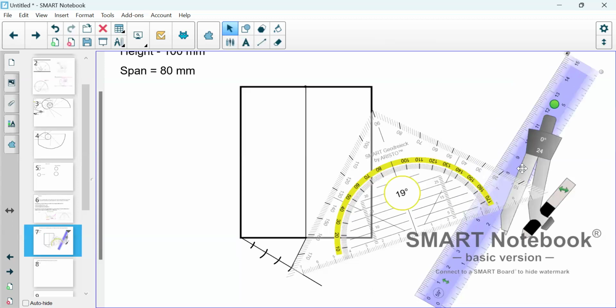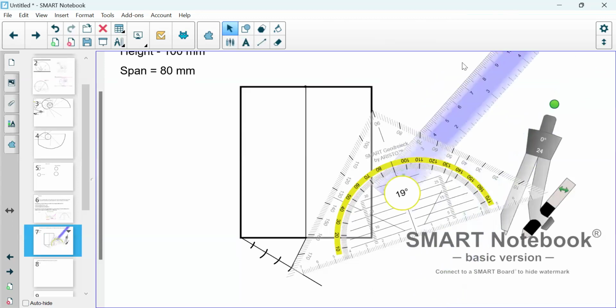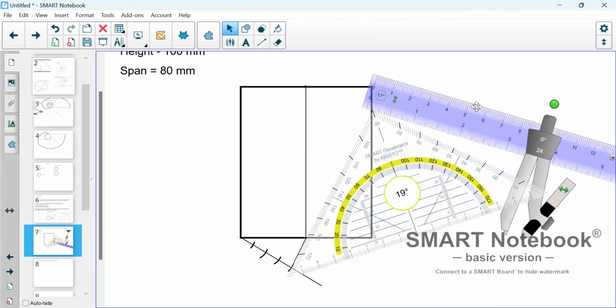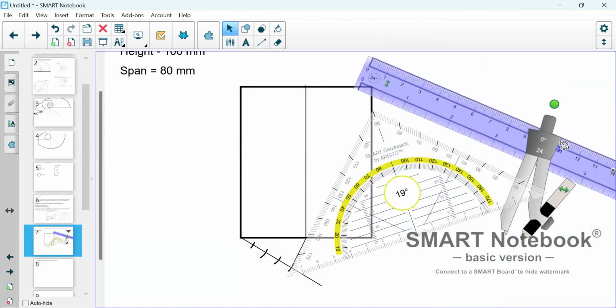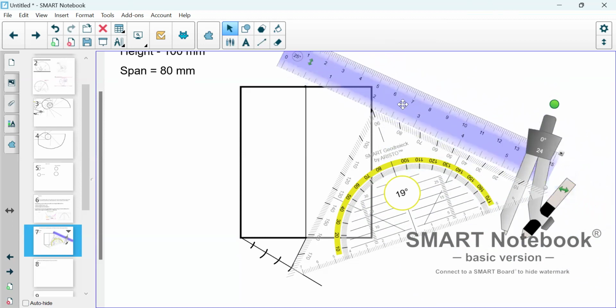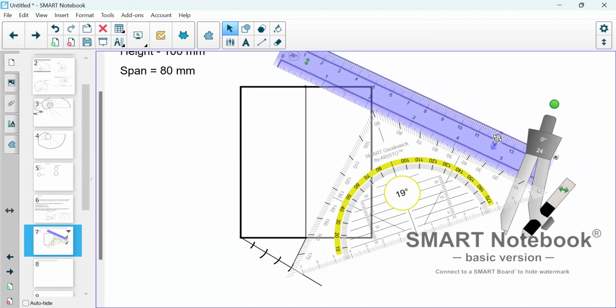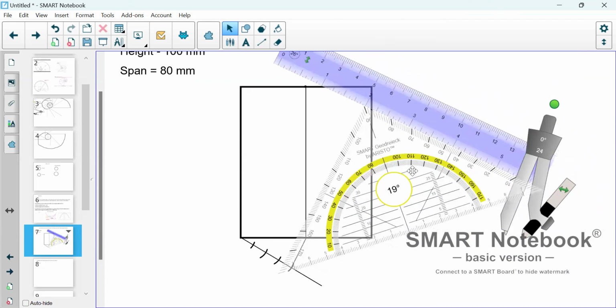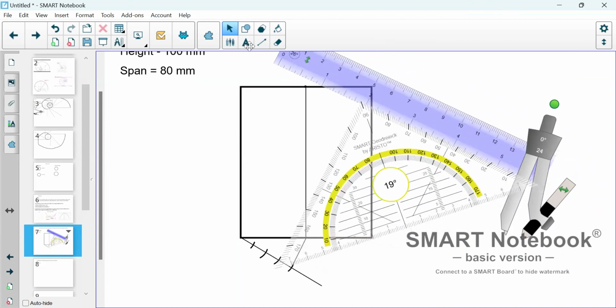We use the other ruler. And you slide. It takes a little while, of course, with the traditional method.